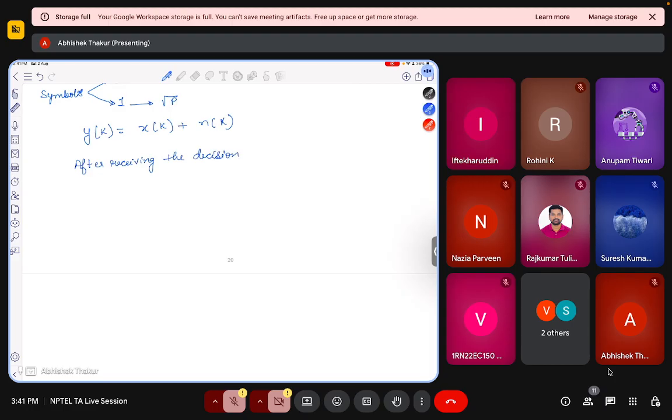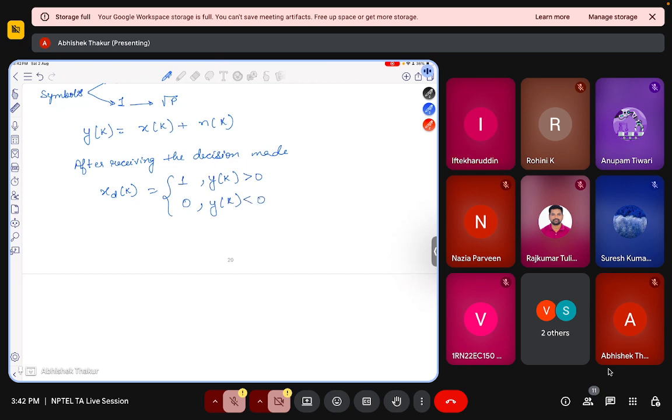Now how will the decision be made? The receiver will conclude it as 1 when the value of Yk is greater than 0, and it will conclude that the symbol 0 is transmitted when Yk is less than 0.